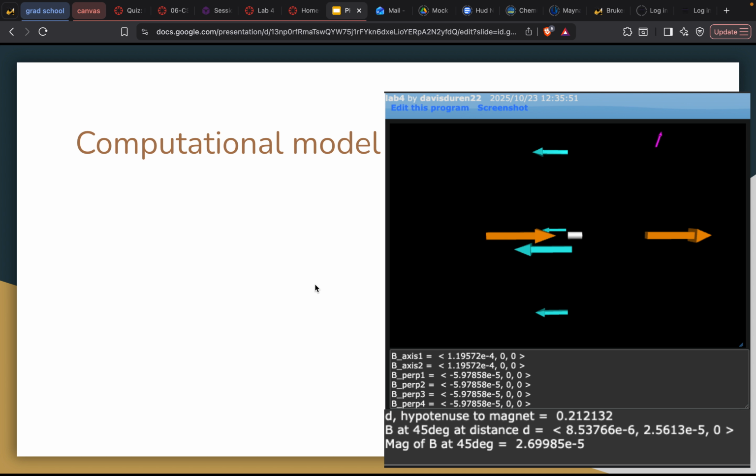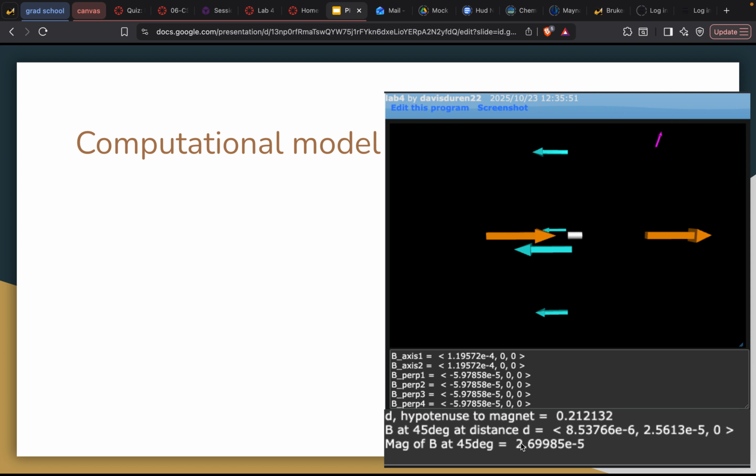So here's a preview of the computational model. This is the bar magnet. These orange arrows are the parallel axis magnetic field strength vectors. The blue arrows are the orthogonal magnetic field vectors, and this cyan purple arrow is the 45 degree observation location field vector.